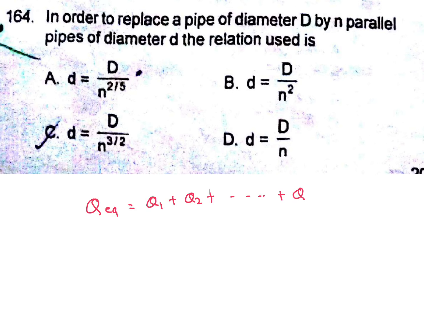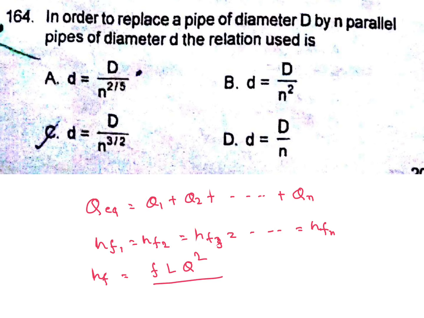And one more thing is HF1 equal to HF2 equal to HFn, the nth pipe, and HF formula is head loss due to friction FLQ square by 12 d to the power 5. This formula we will use. One more formula also remember, sometimes this is also useful, V square by 2GD.